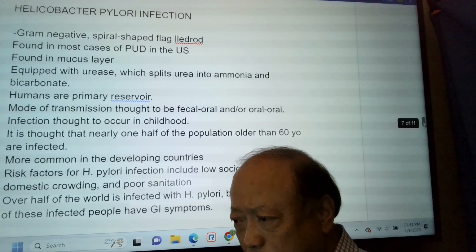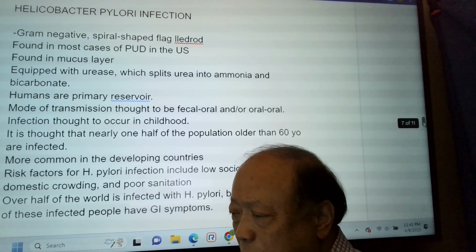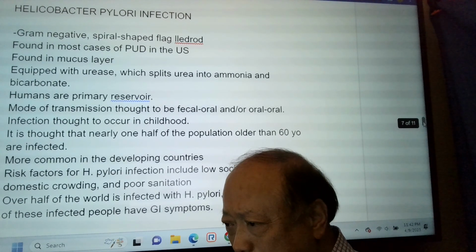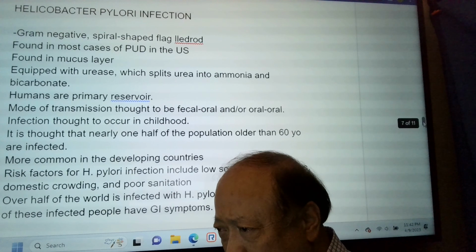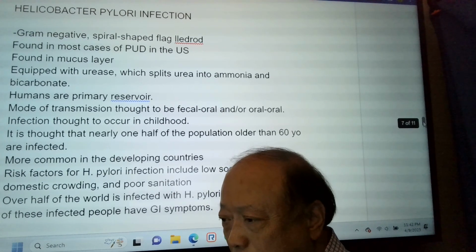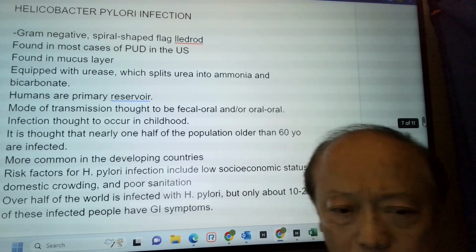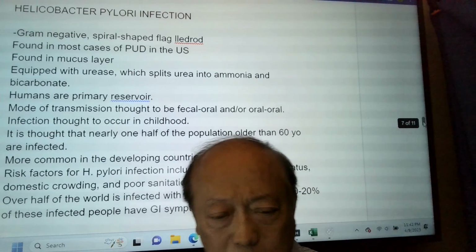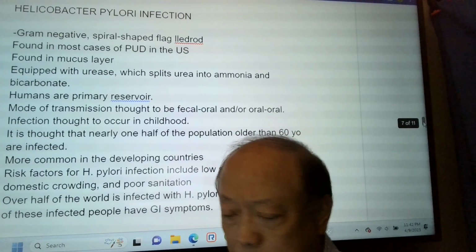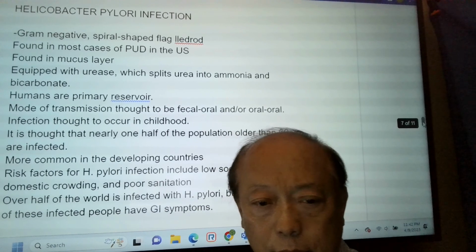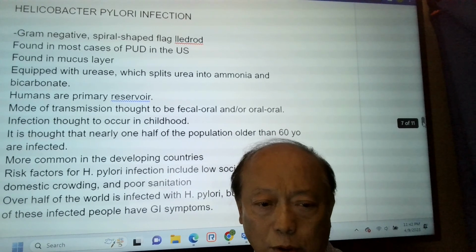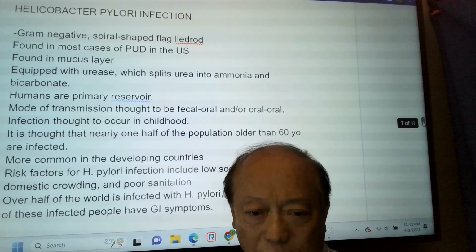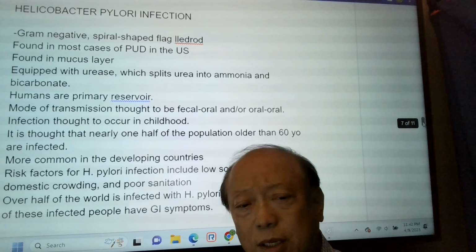It's equipped with urease, which splits urea into ammonia and bicarbonate. Humans are the primary reservoir of H. pylori. Mode of transmission is thought to be fecal-oral and/or oral. Infection is thought to occur in childhood.